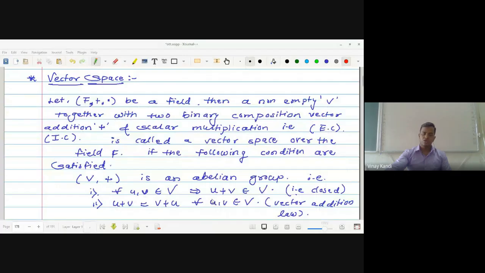The first 5 conditions are those of an abelian group. That is, V with respect to addition is an abelian group.